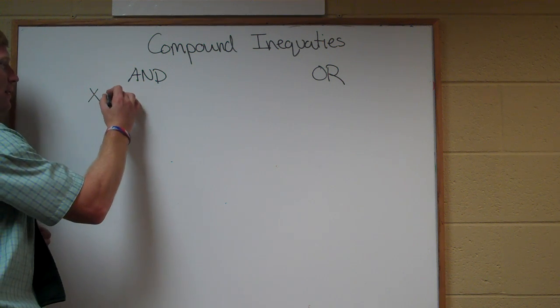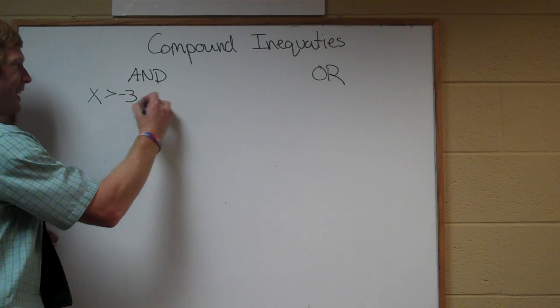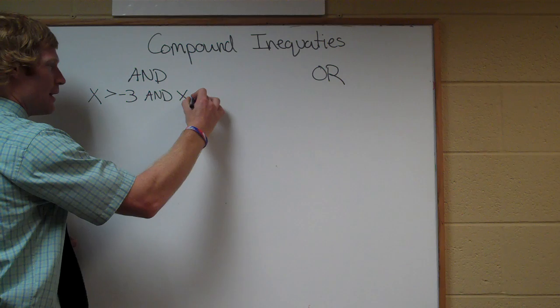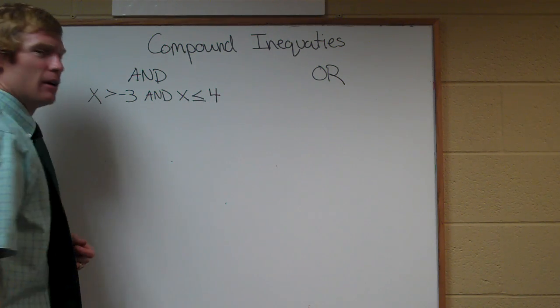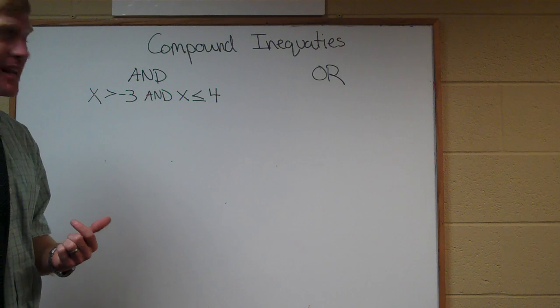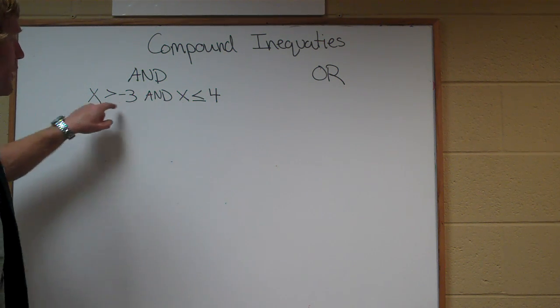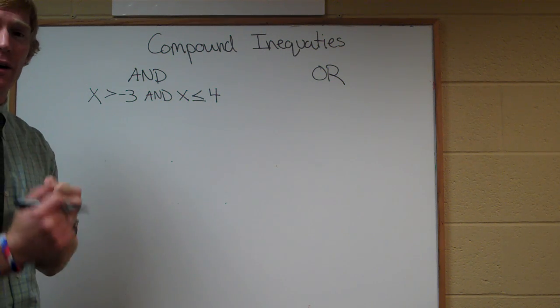We've got x is greater than -3 and x is less than or equal to 4. Because it's an and statement, I've got to look to make sure to graph it, and I'm going to look to see where these two inequalities overlap or share in their shading.